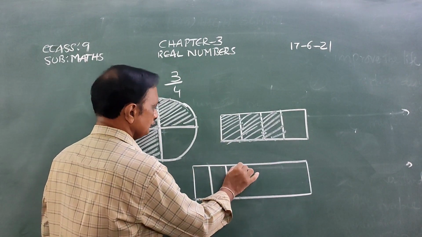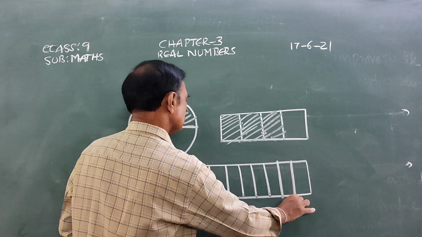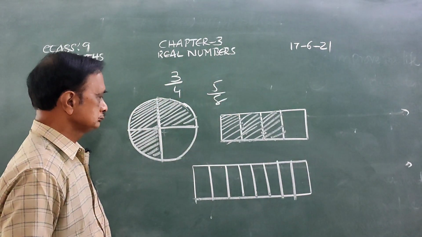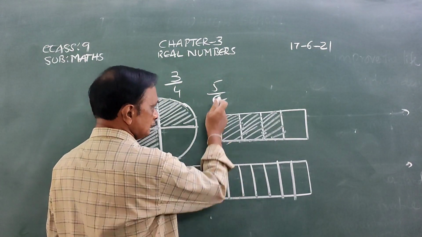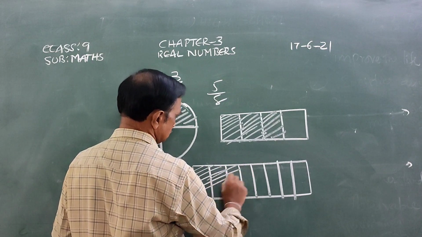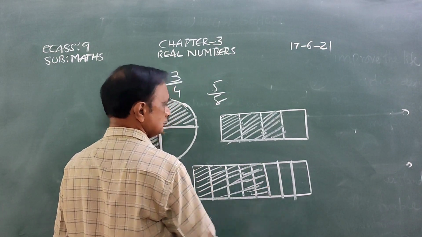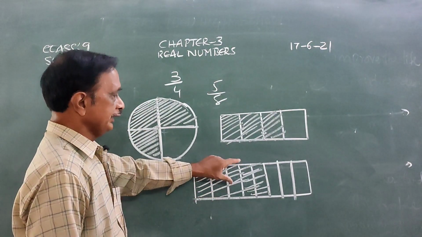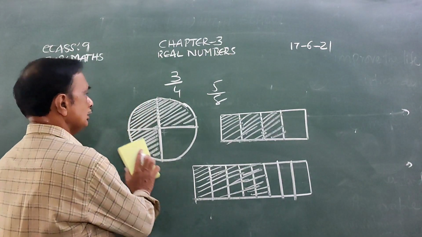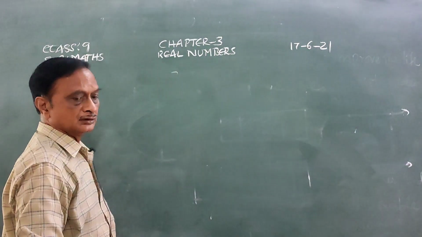Divide it into 8 equal parts. And 5 by 8: shade 5 parts out of these 8 parts. So that's what we call 5 by 8. Now 3 by 7.